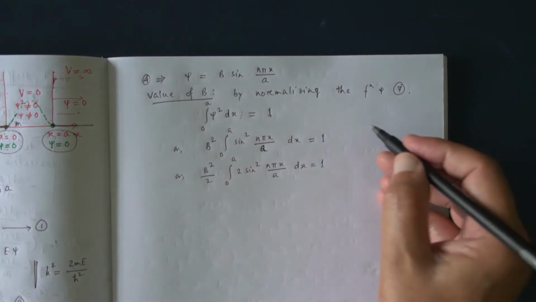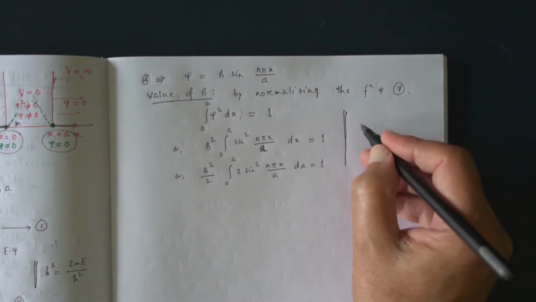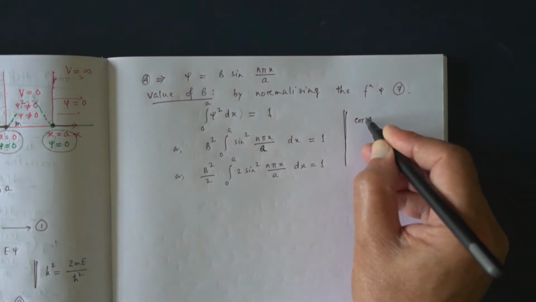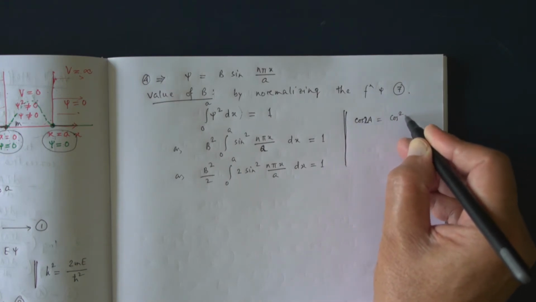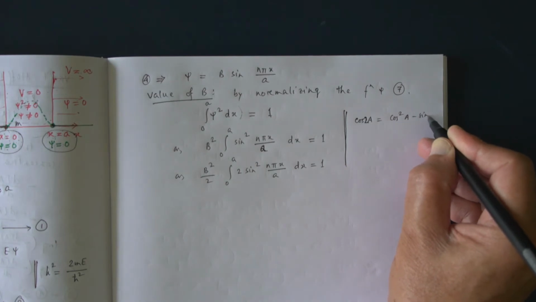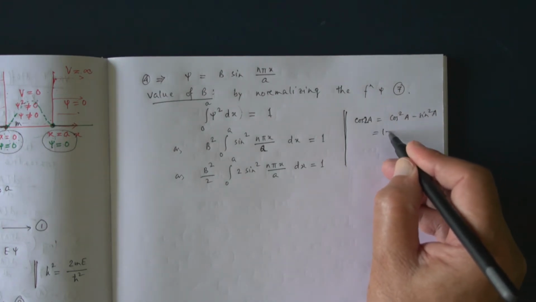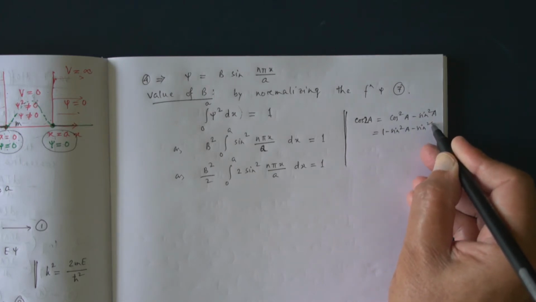So we have already discussed this. Cos 2a equal to cos square a minus sine square a, that is equal to 1 minus sine square a minus sine square a.